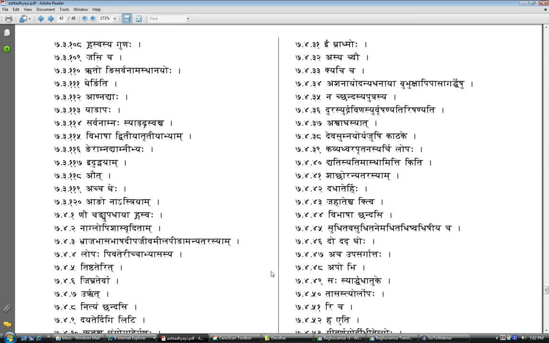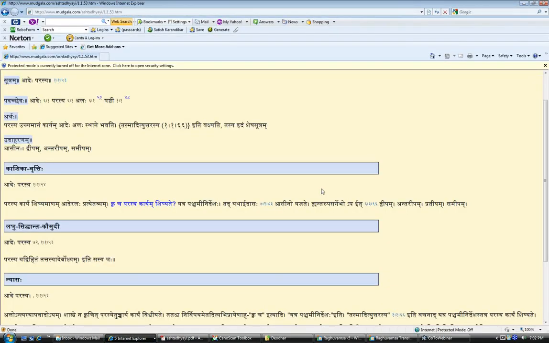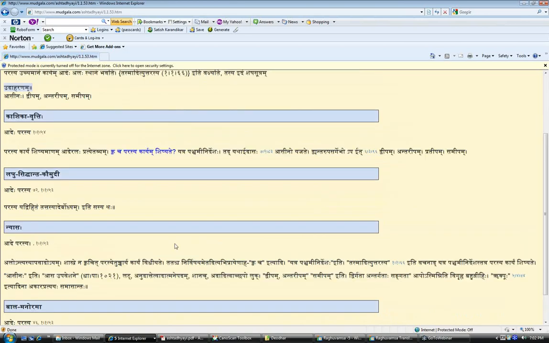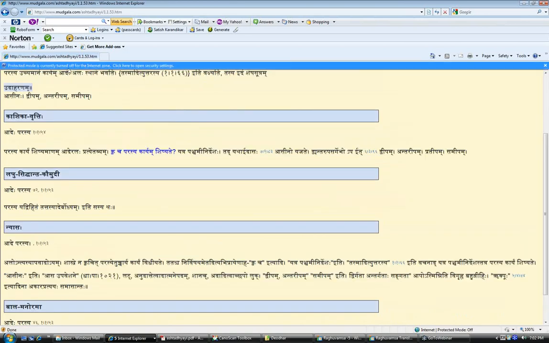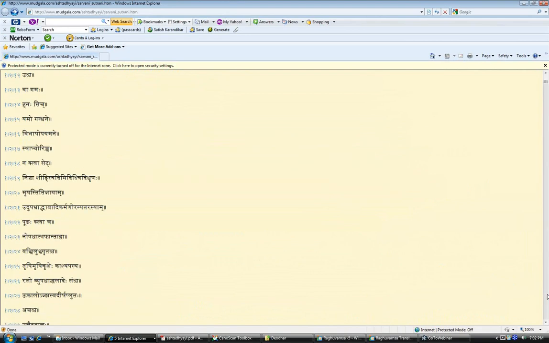Let's see, maybe I can show the Siddhanta Kaumudi, the way it has given this. Okay, let me see, maybe I can find it for you. 7.4.47. The way they've done it is that they've taken that achaha and repeated it twice.